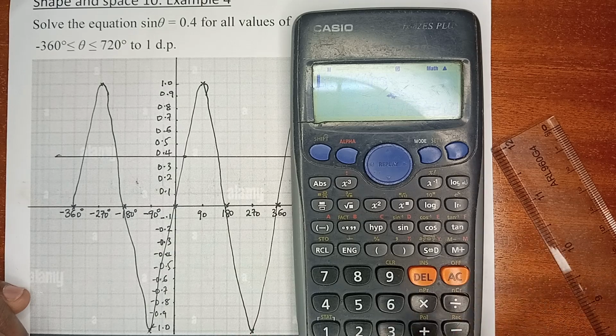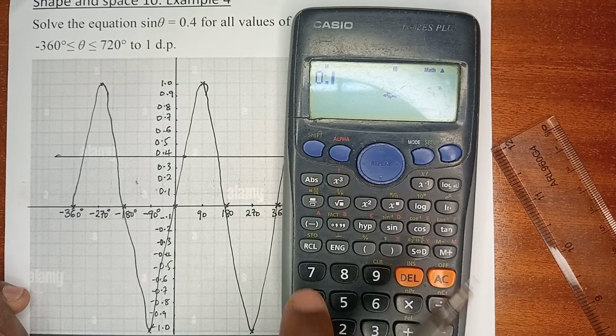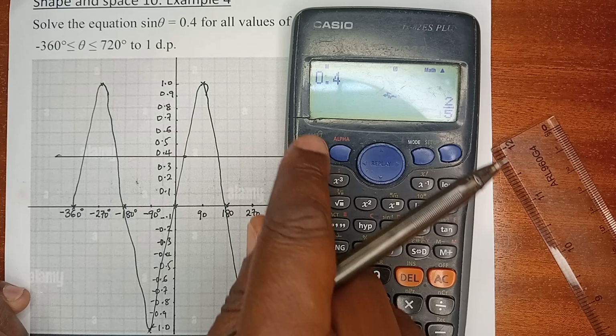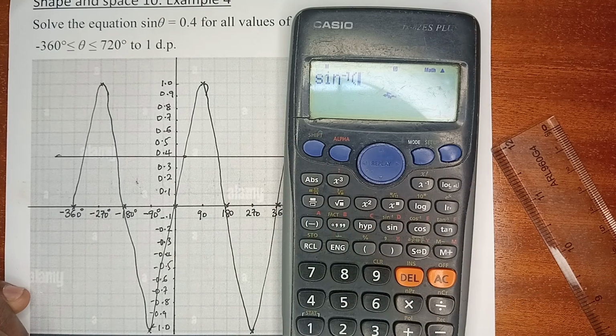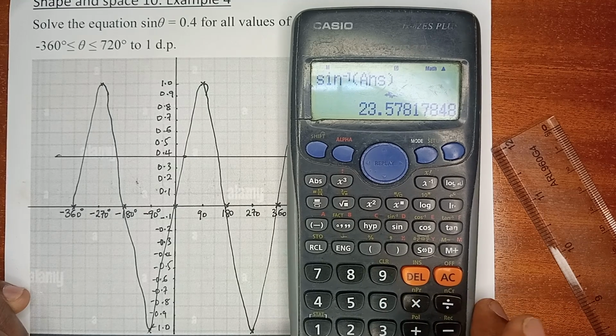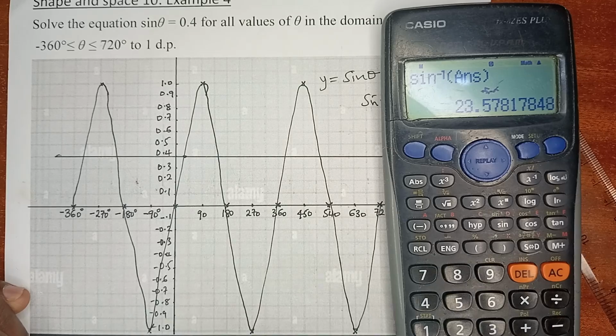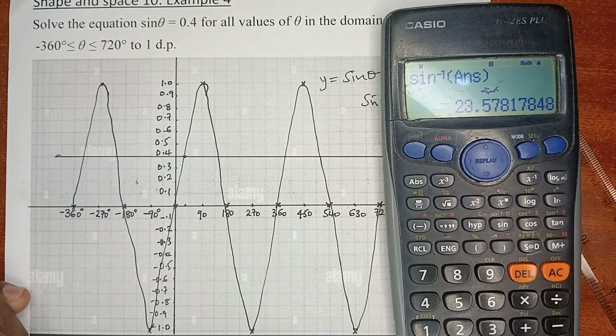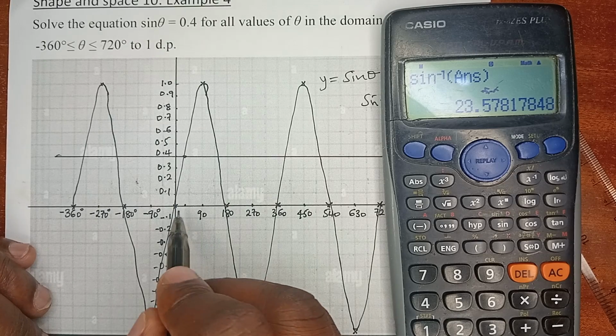Let me do that again: we have 0.4 and we are looking for the angle whose sine is 0.4. Shift sine of 0.4 equals 23.6 degrees.